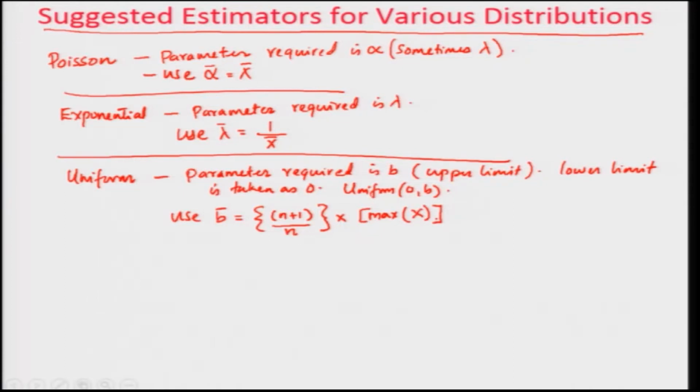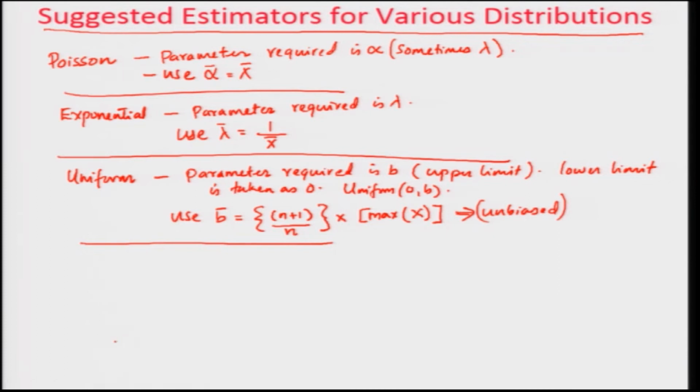Okay. So, for b bar you use n plus 1, the number of observations, n plus 1 divided by n multiplied by the max value of x will give you the b bar, the upper limit. Okay. And this will be an unbiased estimator. Okay. This will be an unbiased one. That is one thing to use for the uniform.